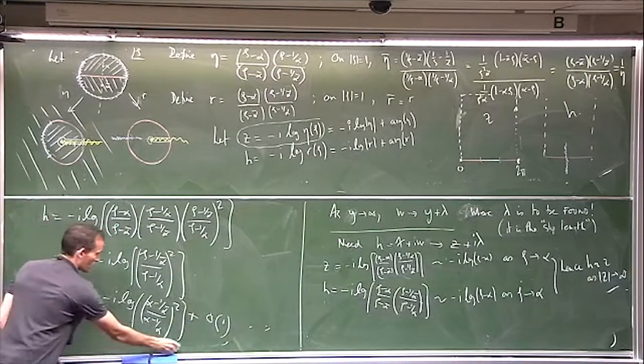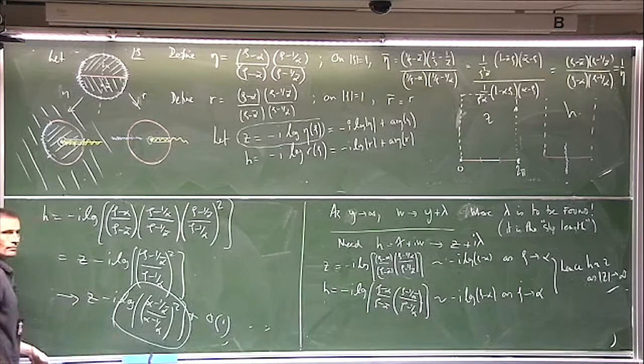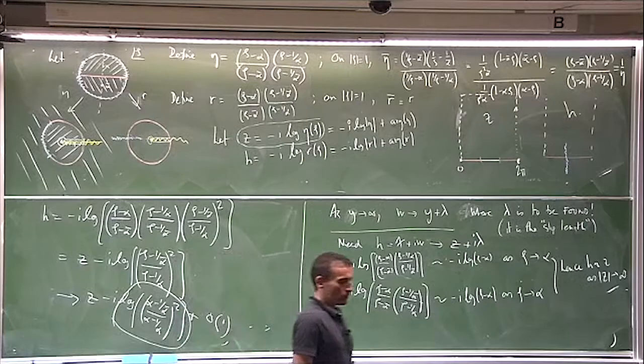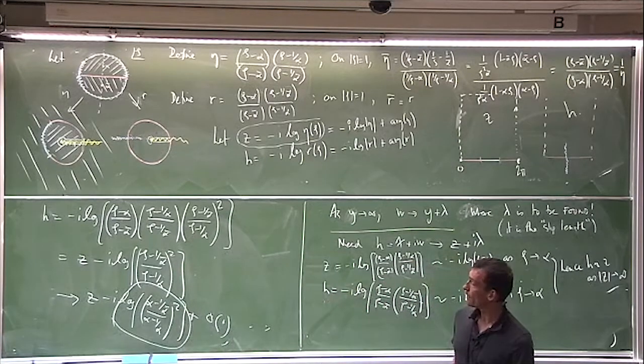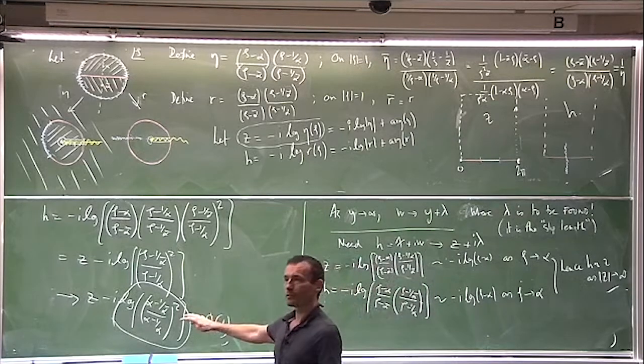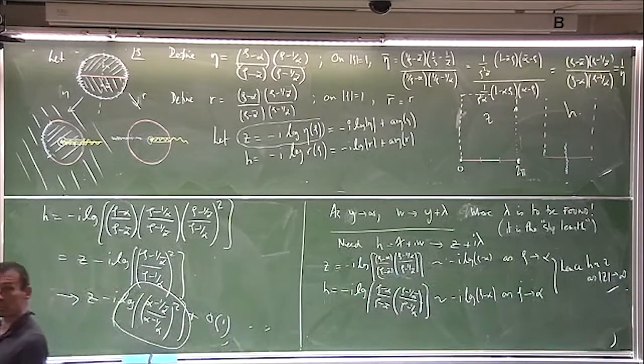So guess what this is? That's the slip length. That's the slip length that we were looking for. If you rewrite this in terms of the other geometrical parameters from the mapping, you get log sec.